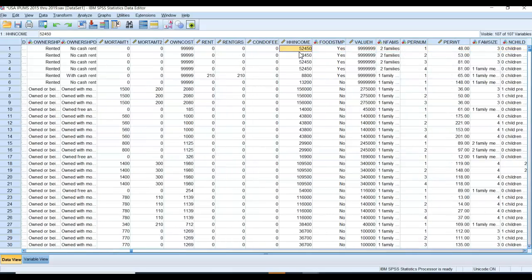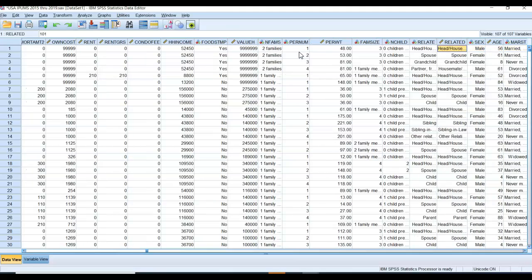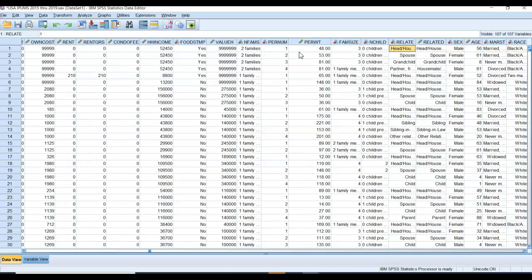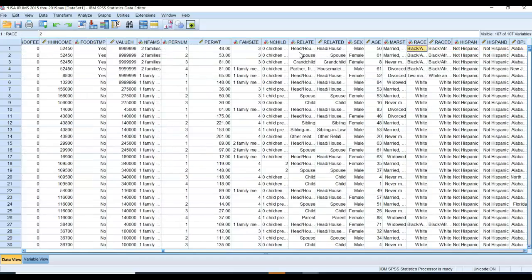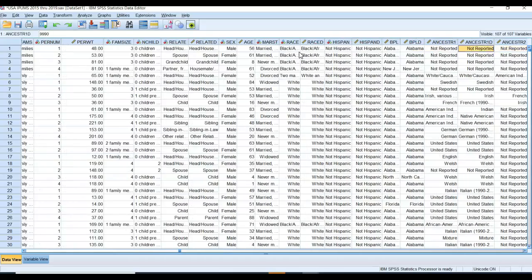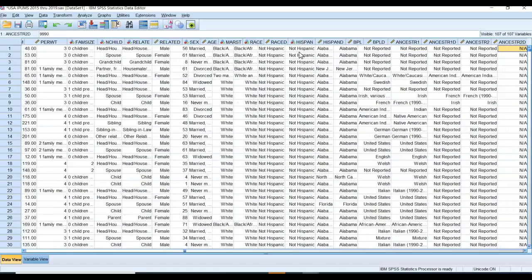Household income, $52,450. Are they getting food stamps? Yes. Number of families in the household, 2. Family size, 3. This person represents the head of the household. They're male, 56 years old, married, African American, not Hispanic. Birthplace, Alabama.